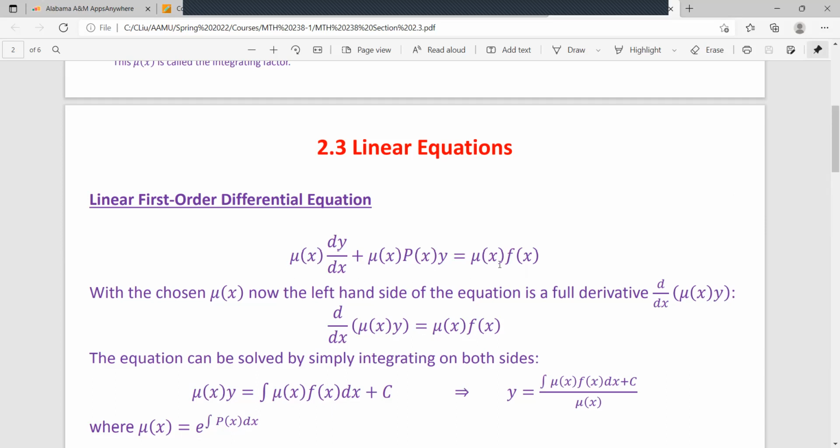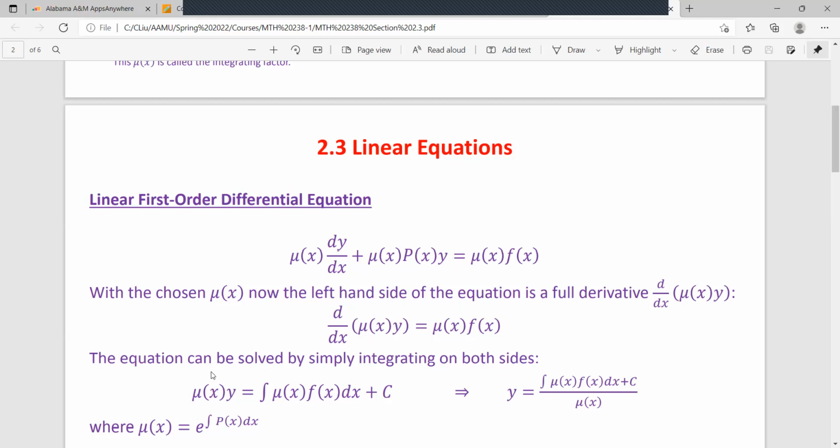So let's come back to the equation with mu multiplied on both sides. All right, so we choose that mu equal to e to the integral of p, so that the left-hand side can be written as the derivative of mu times y. Now, to solve this new equation, we just integrate on both sides.